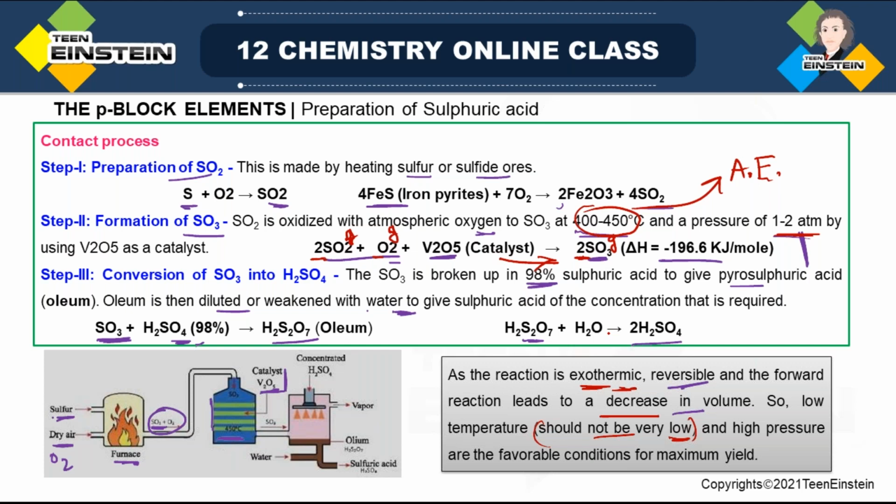So to overcome the activation energy, we have to provide this much of heat, and once that reaction is started, then if we do not maintain further temperature, then also it is okay, because it is an exothermic reaction. So low temperature, high pressure are the favorable conditions for maximum yield, and it is based on Le-Chatelier principle.